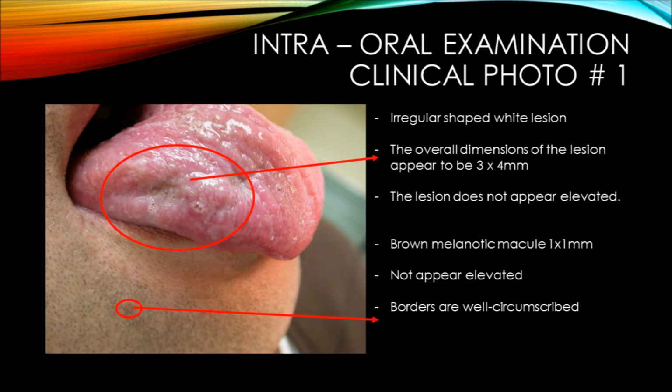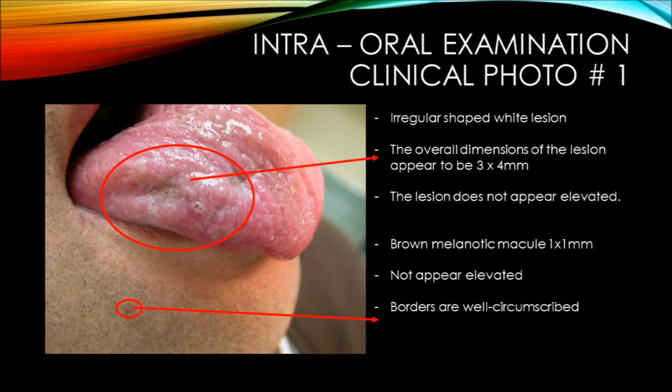So, just to summarize: L for location, C for color, S for shape, D for dimensions, E for elevated or not, and B for border. Now, one thing I want to quickly go over is why we do elevated and why we do border. Good questions.